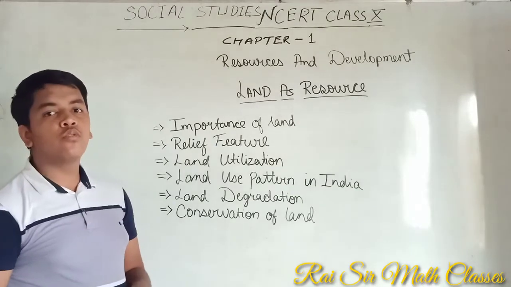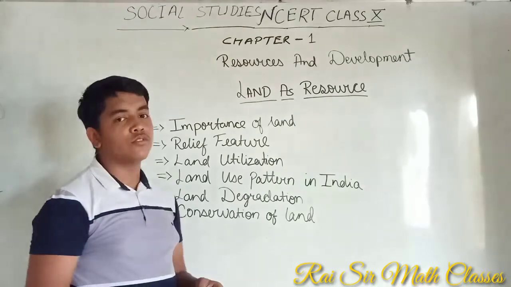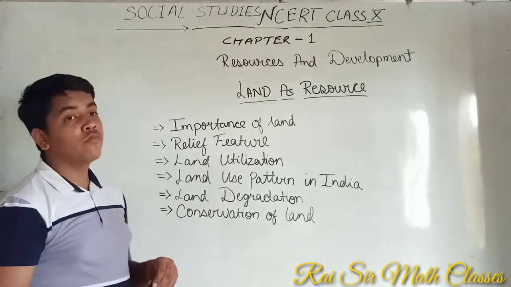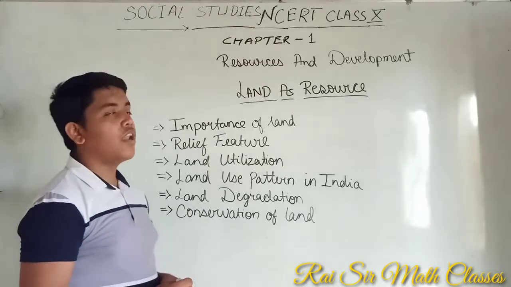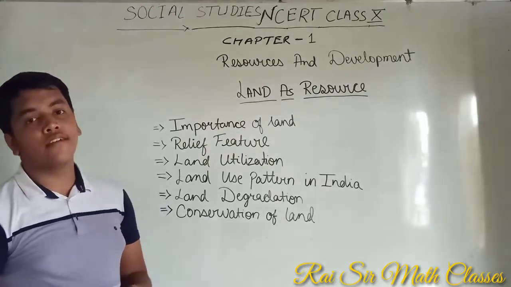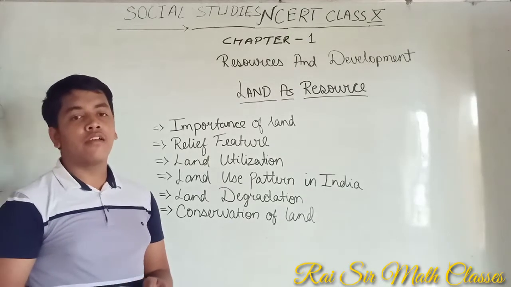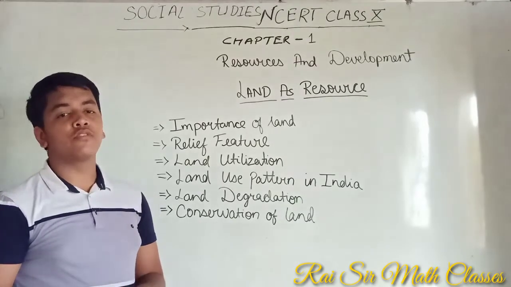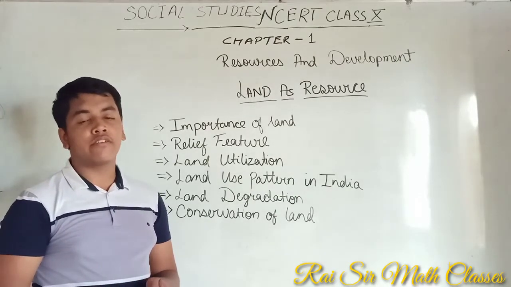Now we are going to learn about the next topic of our NCERT book, that is land as a resource. By this term, you will understand how we are using land as a resource. Land is an important part of our life as it provides farmers land to grow crops. For us, it provides land to make our houses and survive.